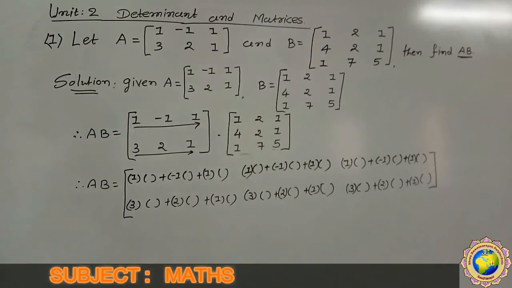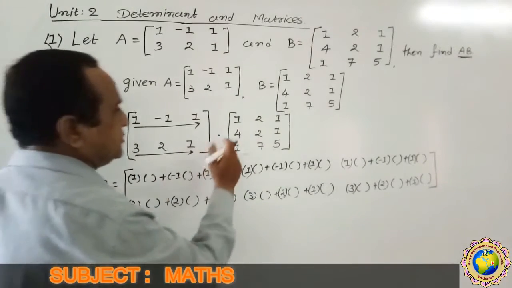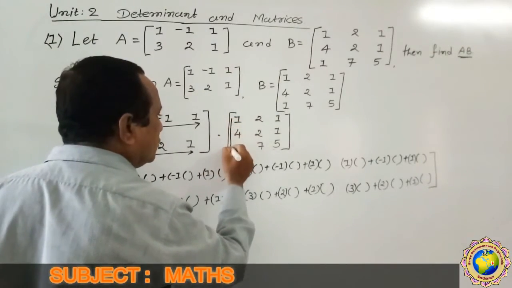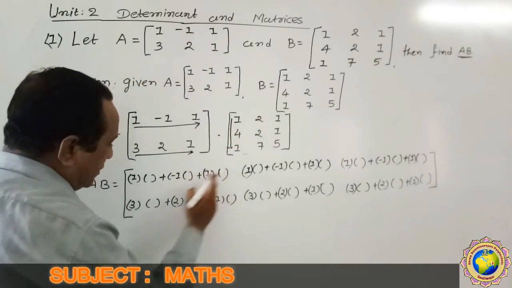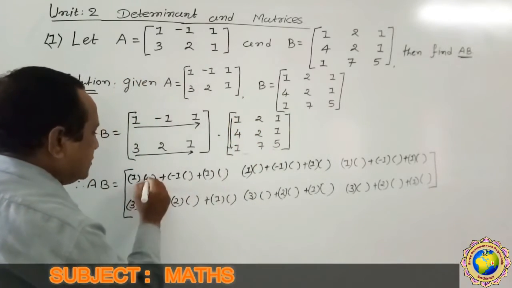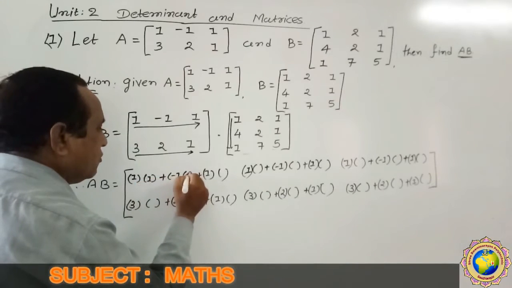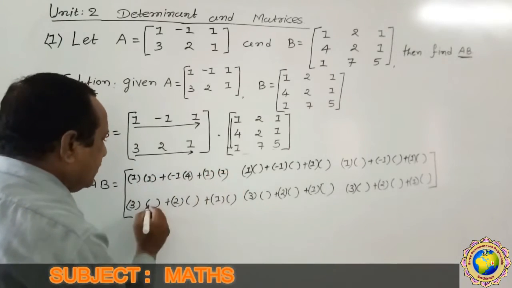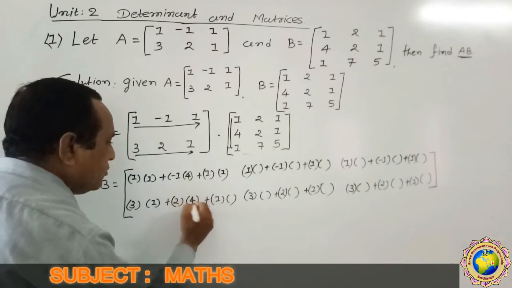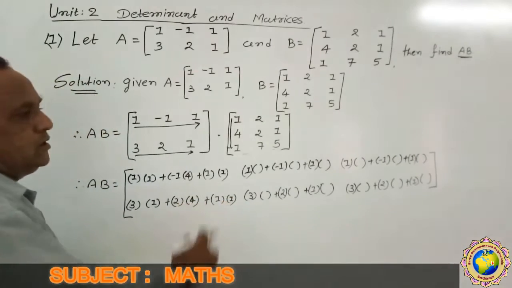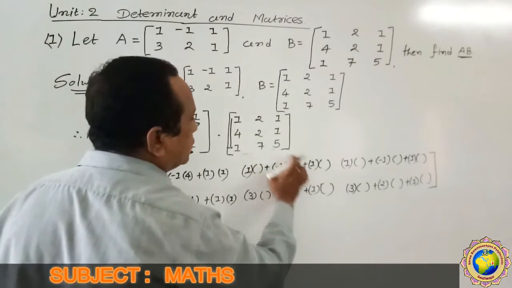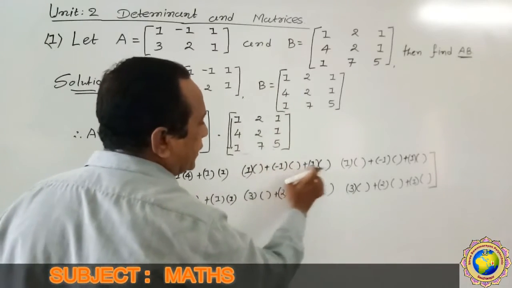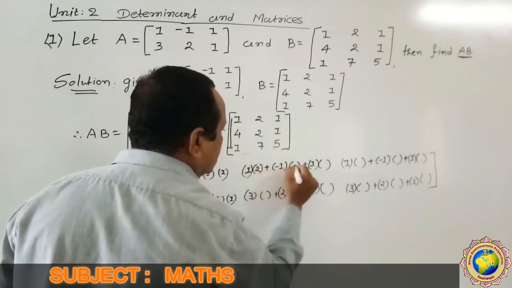Now the second matrix B: first row 1 4 1. Write down 1 4 1, 1 4 1. Now second row, write down 2 7 2, 2 7 2, 2 7 2.